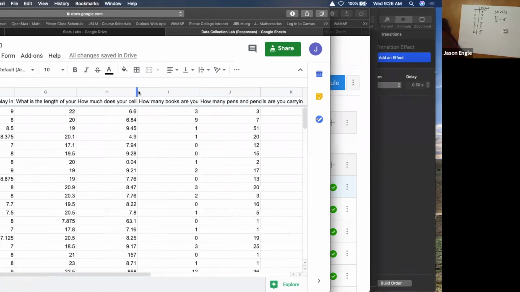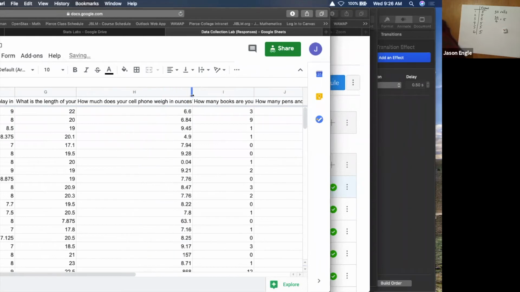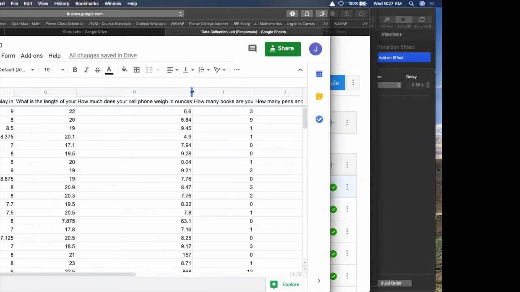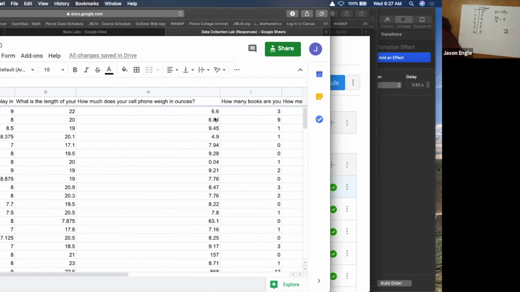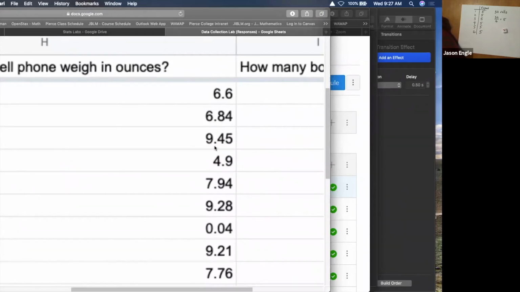Oh yeah, so we had some kitchen scales in class, and I had everybody weigh their cell phone in ounces. Does that make sense? Yeah. So you can get out your cell phone and weigh it, and as you go down the list, somebody had a cell phone that weighed 6.6 ounces. Someone else had one that weighed 6.84 ounces, 9.45, 4.9. But somebody apparently had a cell phone that weighed 0.04 ounces.